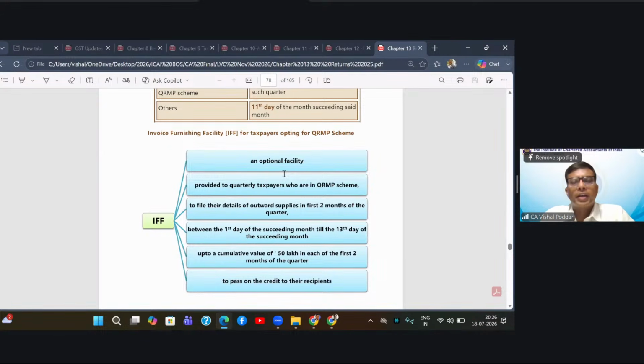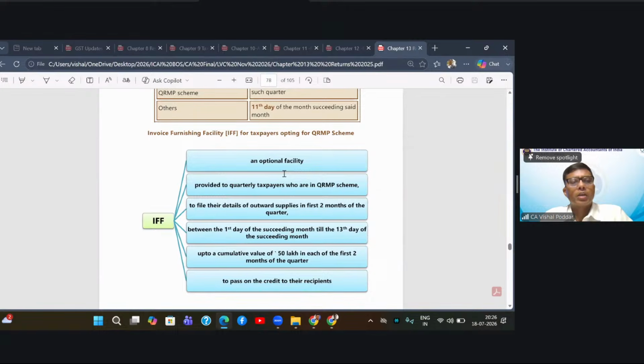For small taxpayers, the law has provided a facility that they need not get into monthly returns. The compliance has been relaxed so that they need not file the returns on a monthly basis. They can file it on a quarterly basis. However, they will have to pay the tax on a monthly basis. That is why it is QR, that is quarterly return, but MP, that is monthly payment.